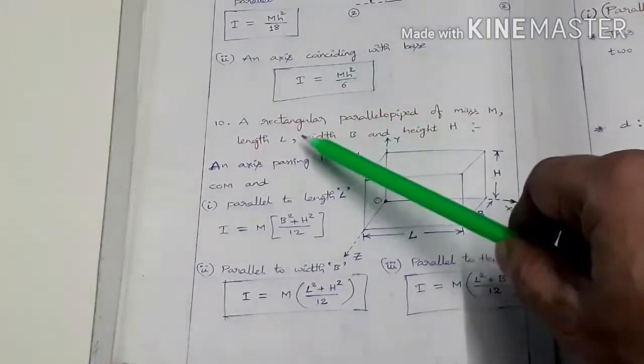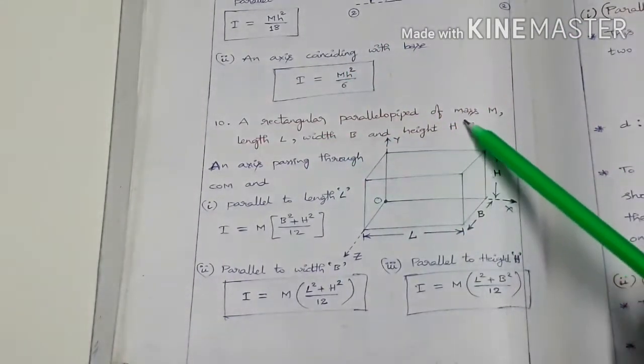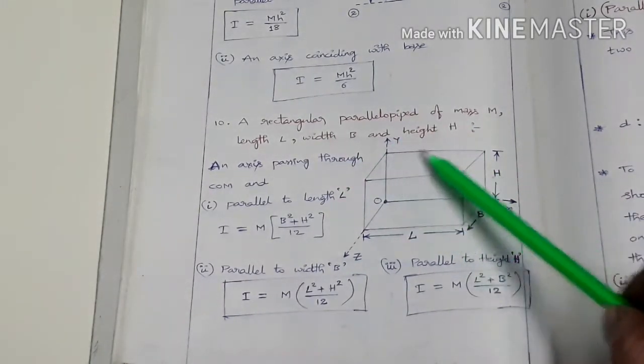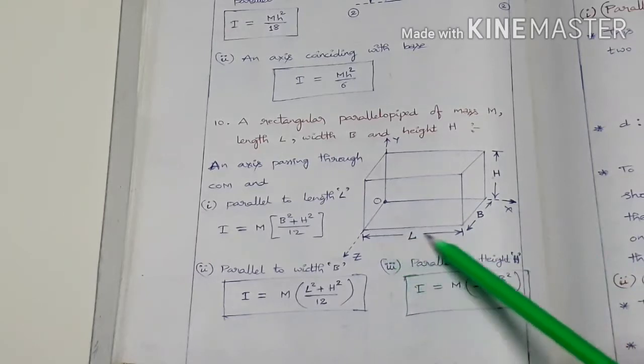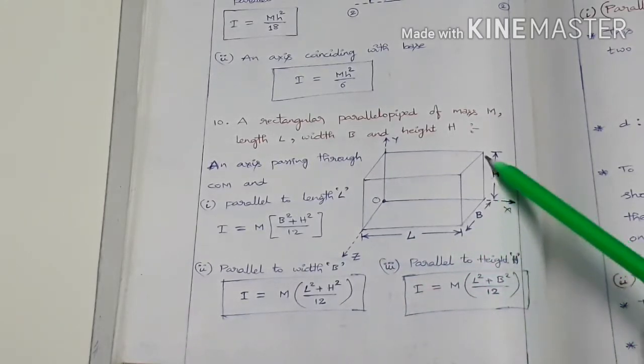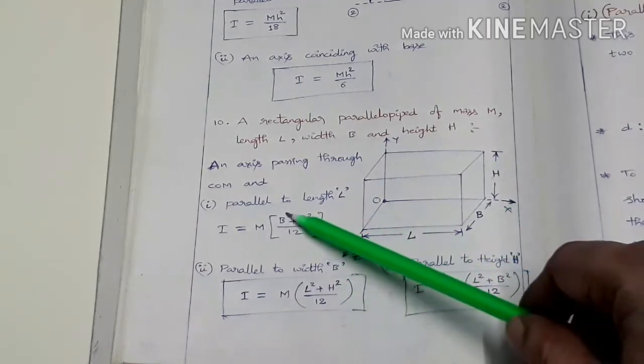Next one is a rectangular parallelepiped of mass M, length L, width b and height h. See, this is a rectangular parallelepiped, length L, breadth or width b and height h here.